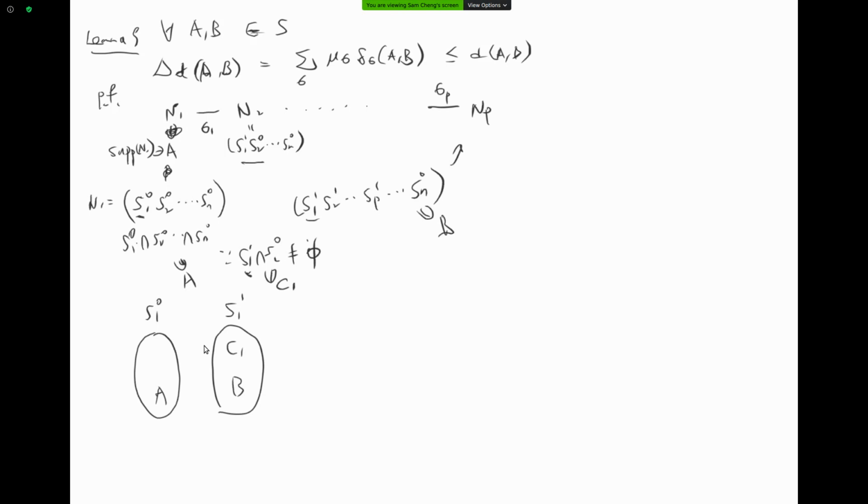Now from this I can use the definition of mu for sigma 1. Remember that this is the definition for the construction of this sigma.